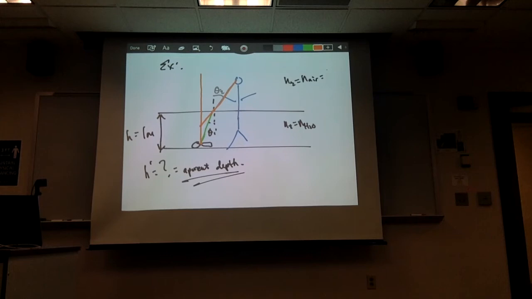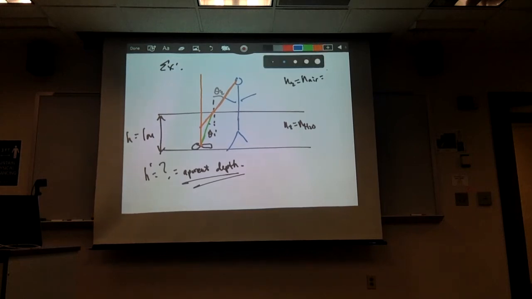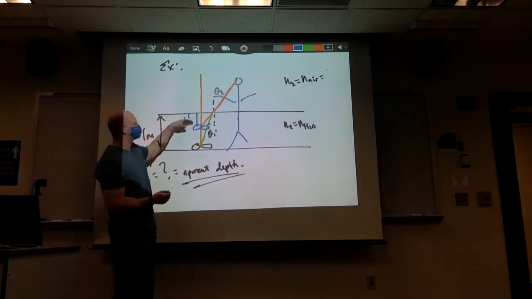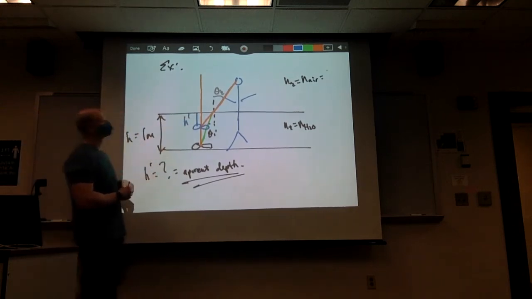She's then going to see her goggles as actually sitting at this location. This is where she thinks the goggles were sitting. This distance here is what we're going to call h prime. So h prime in this case is the depth at which she thinks they are below the surface of the water.